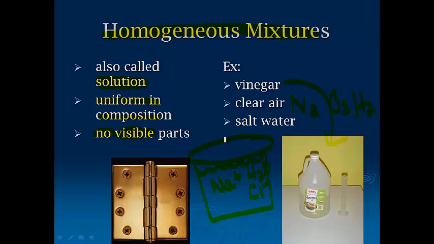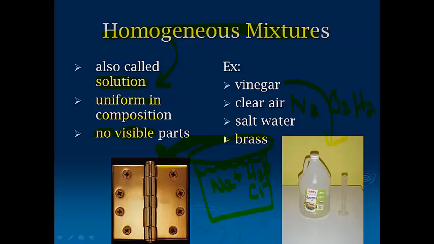And then ultimately, we've all been through this, when you get out of the ocean, the water evaporates and you're left with the salt. A chemical reaction didn't occur on your skin, it's just the water evaporated and it was separated out. Okay, so a homogeneous mixture is a solution, uniform in composition with no visible parts.